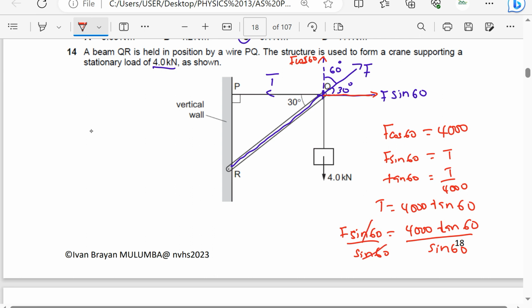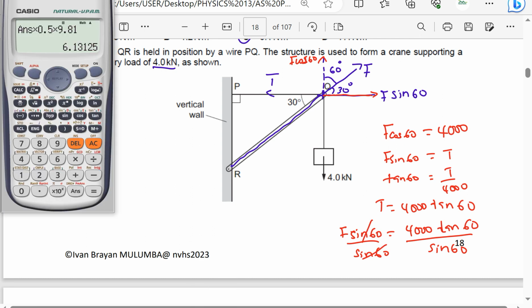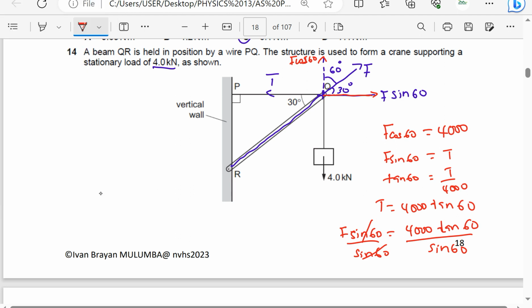So I'm just going to press my calculator, 4,000 tan of 60, then divide by sine of 60. So this is giving me 8,000 newtons. So F is equal to 8,000 newtons.